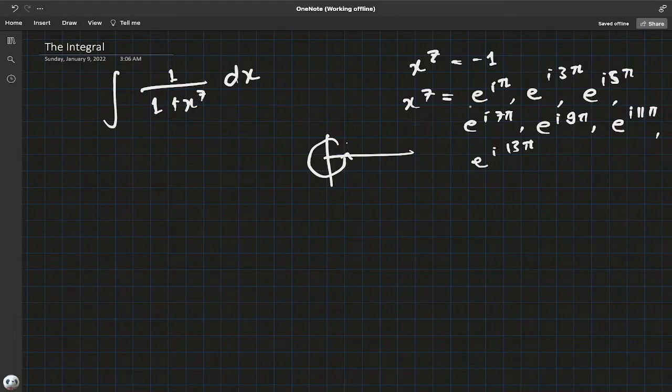So one rotation gives you 3 pi, another one gives you 5 pi. We'll keep doing this in the complex plane. That's all I've done.